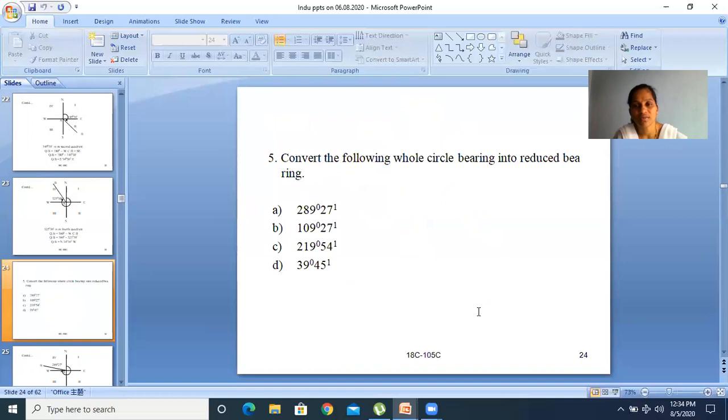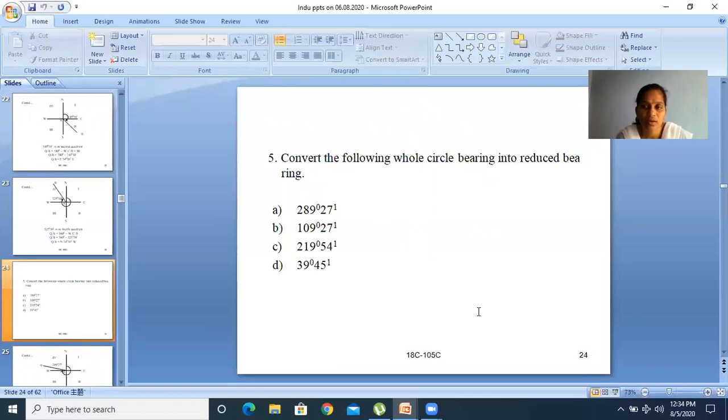Convert the following whole circle bearing into reduced bearings. Same, from WCB to QB. 289 degrees 27 minutes, 109 degrees 27 minutes, 219 degrees 54 minutes, 39 degrees 45 minutes. So the first one is 289 degrees 27 minutes. It is in the fourth quadrant.